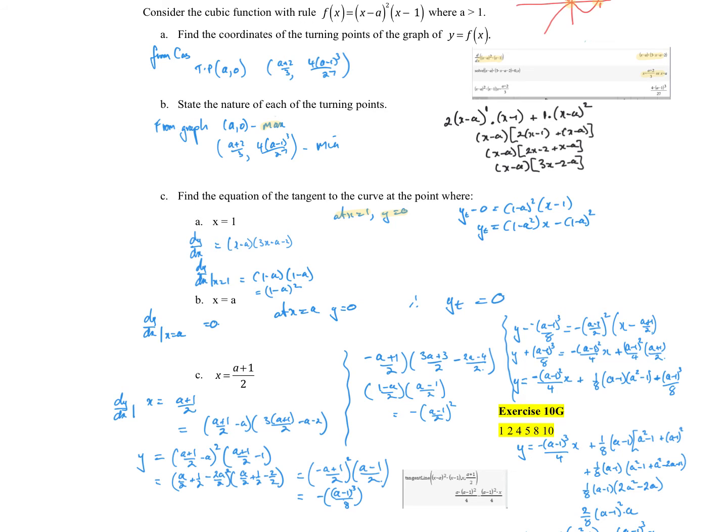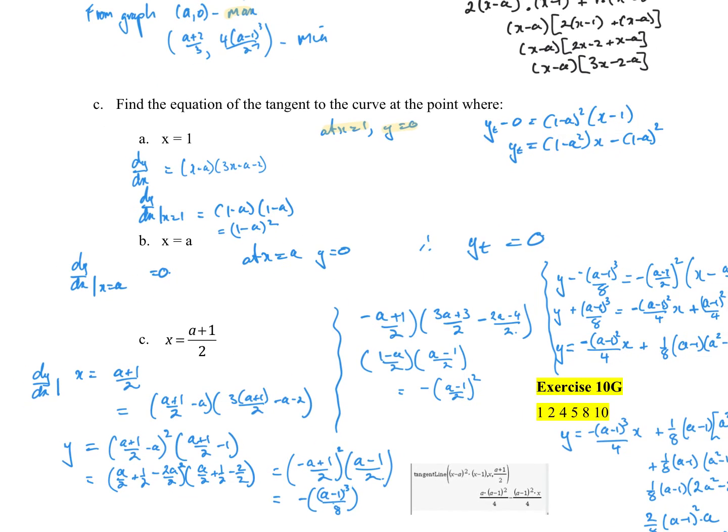All right. So if I put x equal to 1 into that function down here, I'm going to get 1 minus a squared. So I've got a point, I've got the gradient. So the tangent is y minus 0 equals m, x minus x1. My gradient, expand the bracket to get my y-intercept.